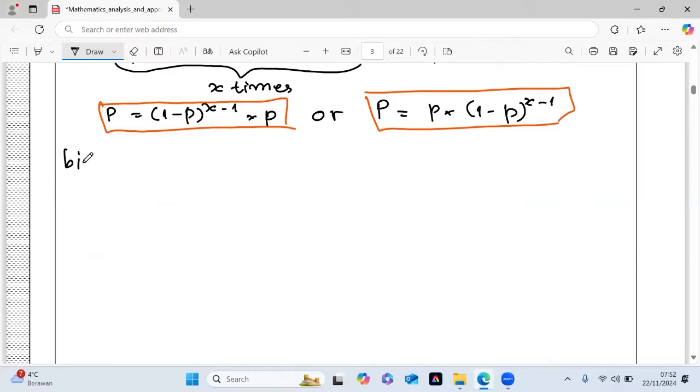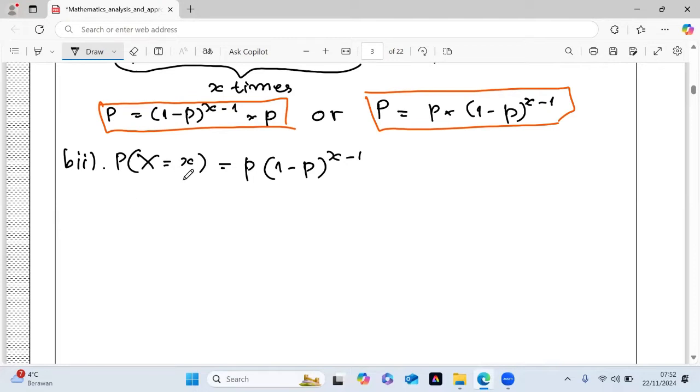Okay, B part 2. The random variable X follows a geometric distribution, so the probability P(X = x) is p times (1 minus p) to the power x minus 1, according to this theory.